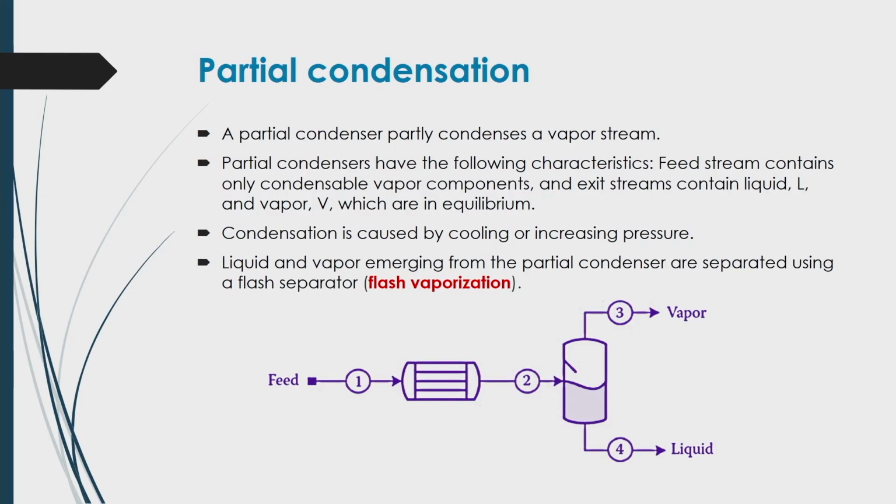Now, before going to the calculation, you have to know what partial condensation is. Basically, this is the mechanism by which matter is partly condensed from a vapor stream, and in that case partial condensers are generally used. It has characteristics like: the feed stream contains only condensable vapor components, and the exit streams contain liquid and vapor which are in equilibrium.